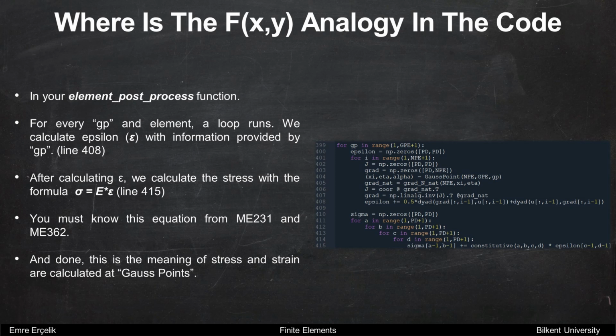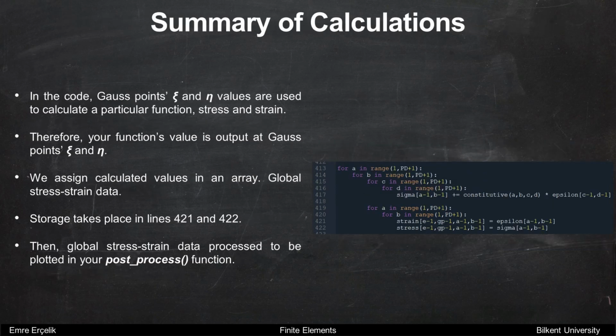You use Gauss point data to calculate a specific function. In summary, in the code, the Gauss points' xi and eta values are used to calculate a particular function. The functions are stress and strain. Therefore, your function's value is output at the Gauss points' xi and eta coordinates.